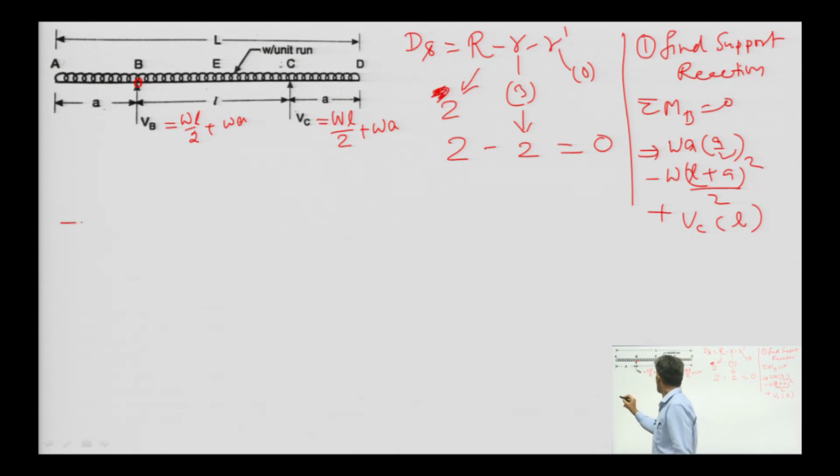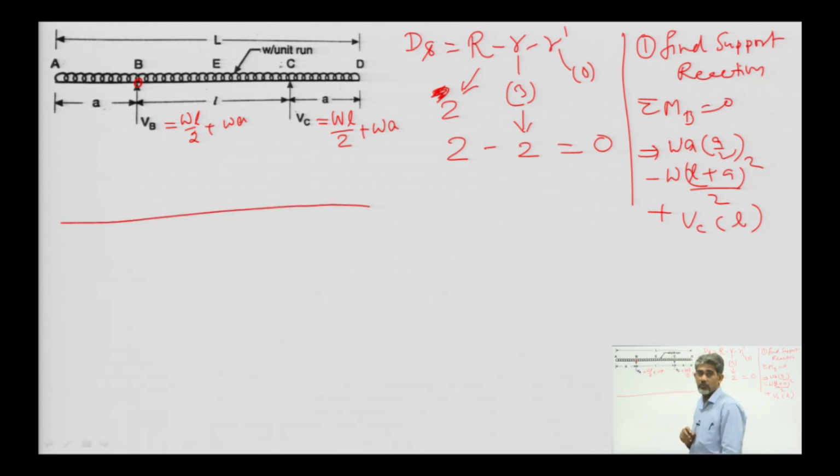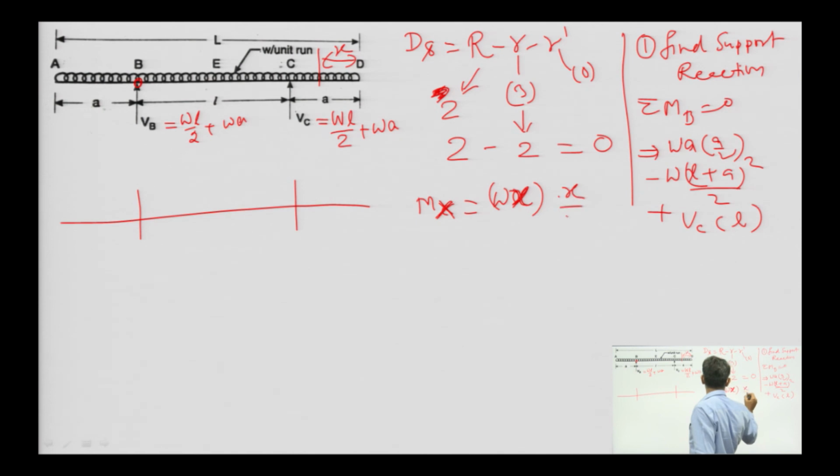Now, we can plot the bending moment. How? What is the bending moment at point C? Suppose we take a section X. So, the bending moment at point X will be W into X into X by 2.